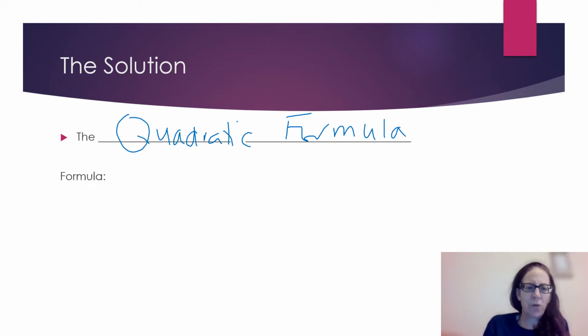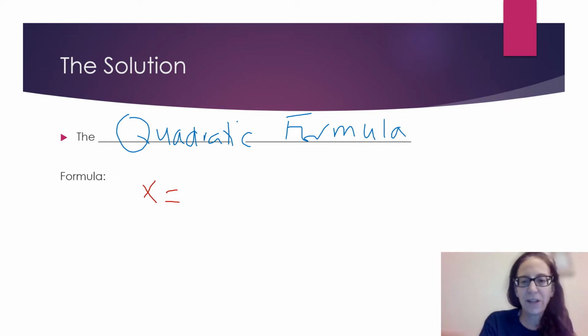So here's what the formula is, and you'll notice I'm going to say this the way I was taught to say it in geometry. So x is equal to, because remember, we're using this to solve an equation. And solving means you're looking for solutions, and solutions are the values of x that make the equation true. So when you're using the quadratic formula, yep, it starts with x equals, because that's what we're looking for.